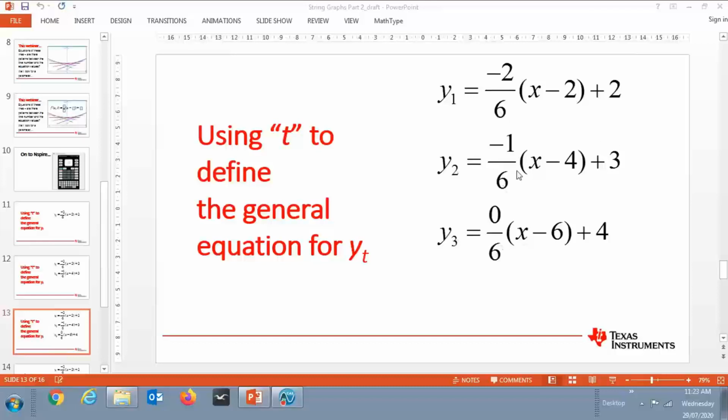Now, I know I had to manipulate negative 1/3 to become negative 2/6, and I had to manipulate 0 to become 0 out of 6. But sometimes we need to do this in searching for a parameter in order to be able to see the pattern more clearly.